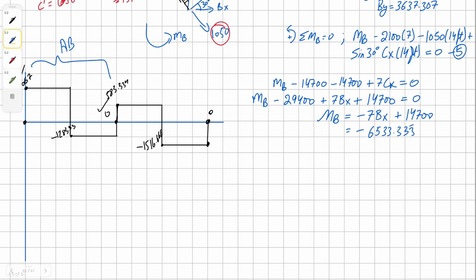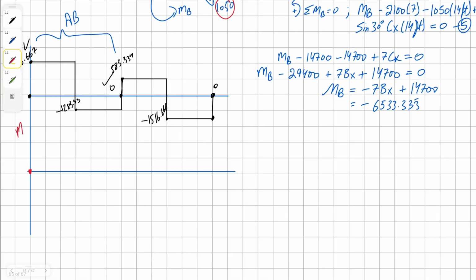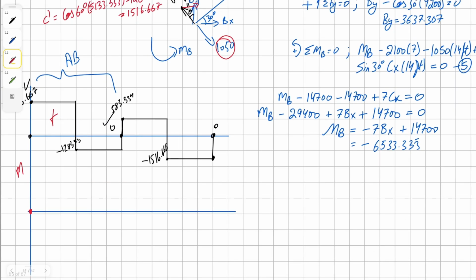Now we can do our moment diagram. Moment diagram for this problem is super simple. So for a moment at A, we're going to begin at 0. Then we have this positive area, which is 2216.667 times 7 gives us our peak value of 15,516.669 first order curve.